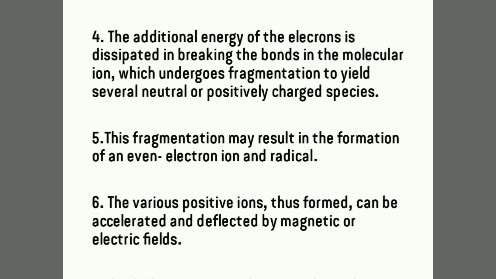The additional energy of the electron is dissipated in breaking the bonds in the molecular ion, which undergoes fragmentation to yield several neutral or positively charged species. This fragmentation may result in the formation of even electron ions and radicals. The various positive ions thus formed can be accelerated and deflected by magnetic or electric fields.